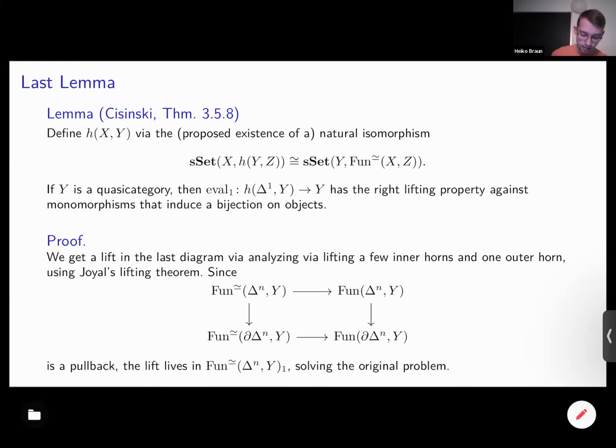because if you look at the map, then Δⁿ and the boundary of this are in bijection on the one simplices. And by definition, both of these, the object-wise invertibles, are defined by pullback along a map that stays constant on the one simplices.